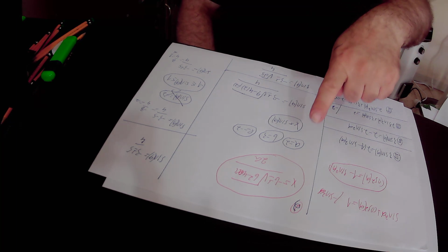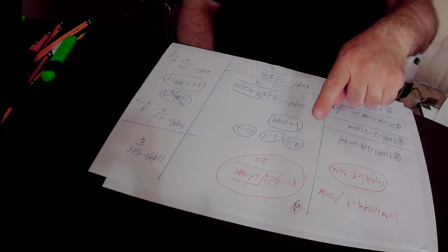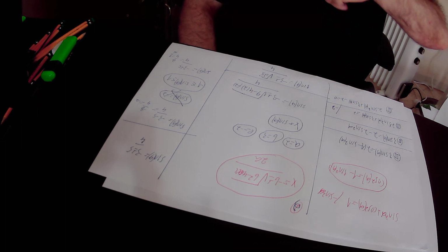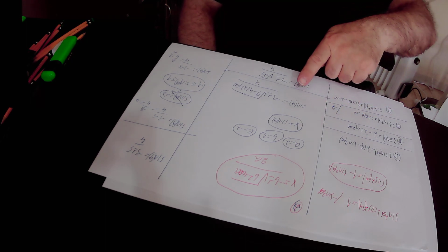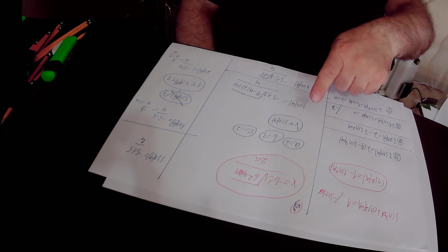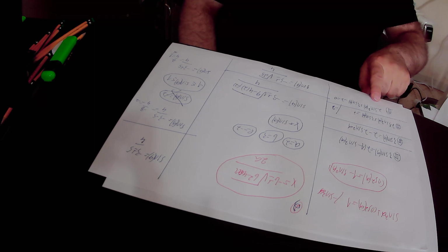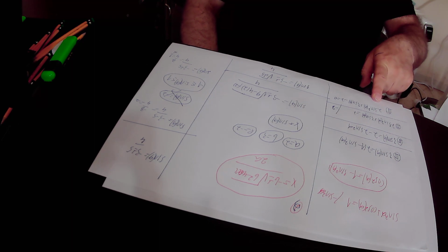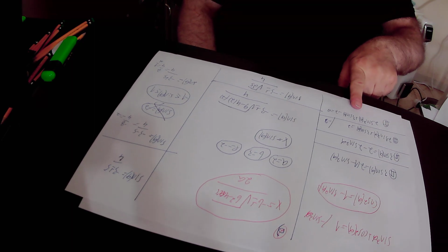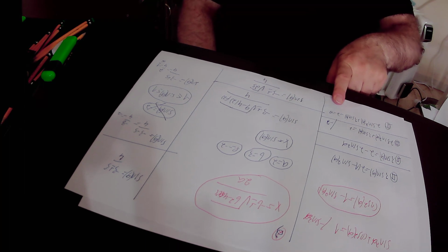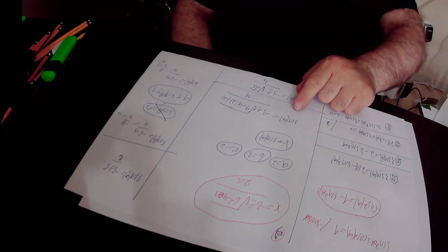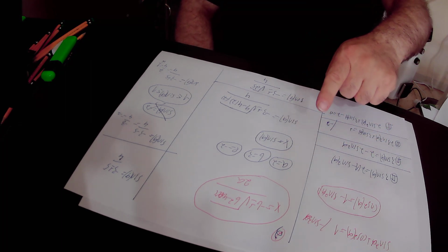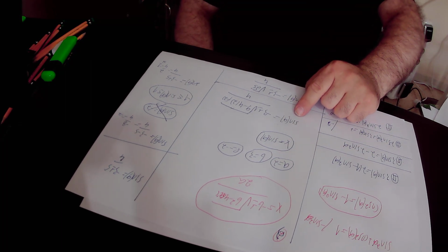In our specific quadratic equation, the coefficient a is 2, the coefficient b is 3, and the coefficient c is equal to minus 2.